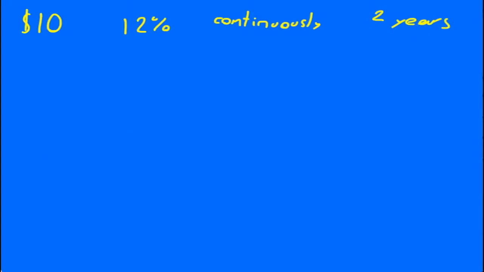Now for this we're going to use this formula, which is A equals P e to the rt, P-E-R-T. There you go. So we know that our P is 10, R is 12%, which is equal to 0.12, and continuously is our e, and our T is 2 years.